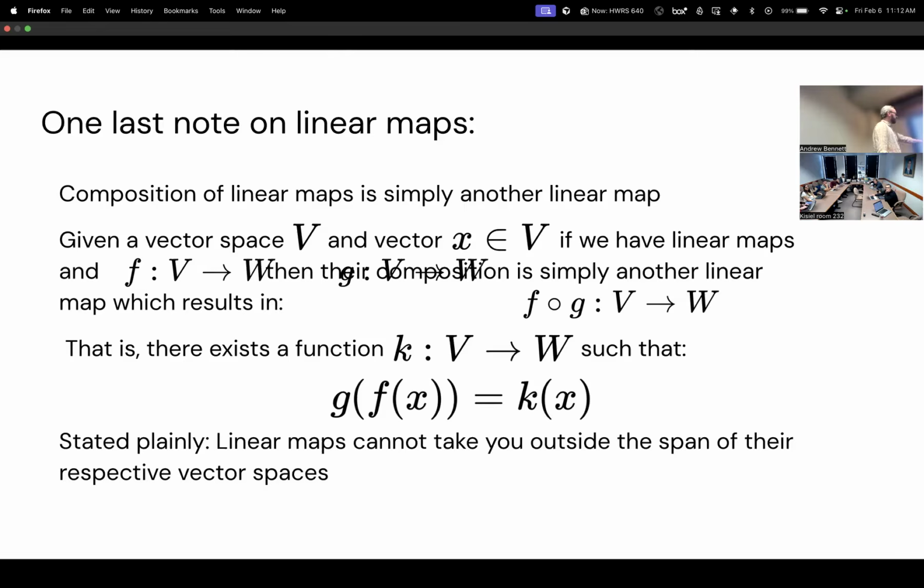So that means there exists another linear map K that also maps from V to W, which is simply the composition of these maps. Conceptually, what this means is linear maps cannot take you outside the span of their respective vector spaces or the functions that are applied to them.